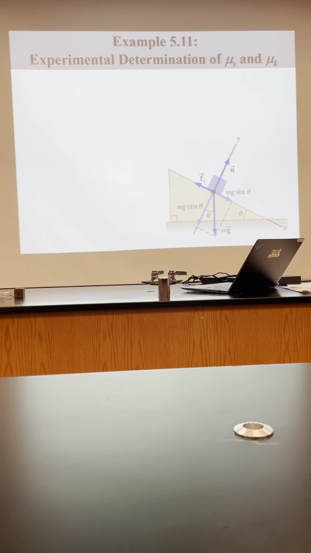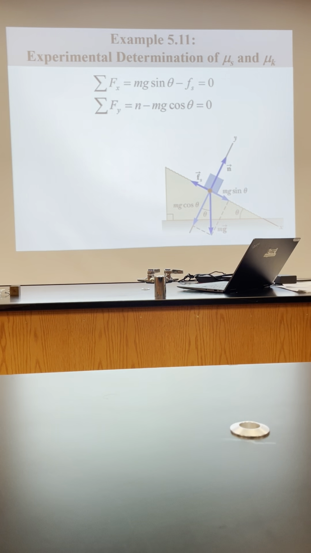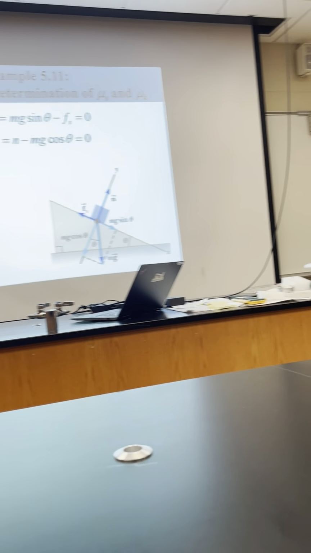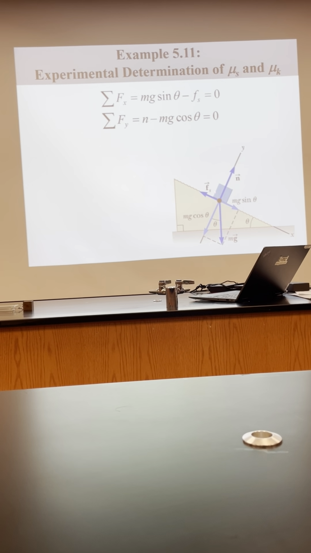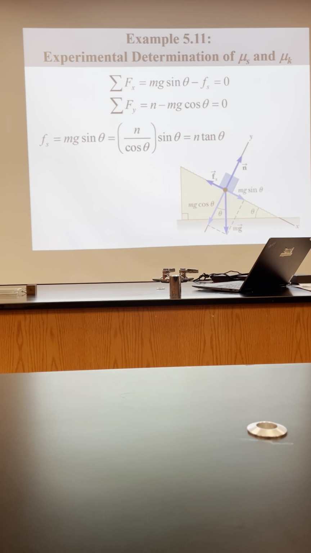Applying Newton's second law to this situation, along the horizontal and vertical axes, leads to the following pair of equations. The force along the incline is mg sine theta minus the friction force equals 0 at the moment just before the sliding happens, so there's no acceleration in either the x direction or the y direction. Two simple equations, no acceleration. These two equations can be solved for the friction force as follows.